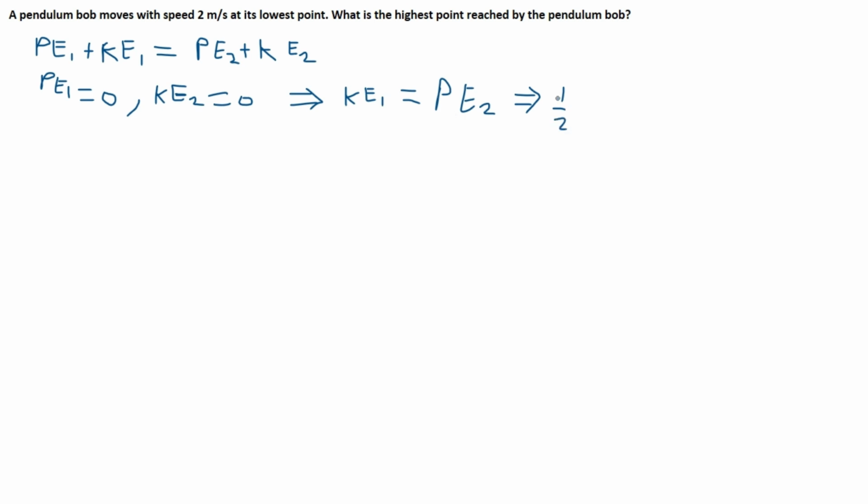This is equal to 1/2 mass times the initial velocity squared is equal to the mass times gravity times height. You might have noticed that we're not given the mass of the pendulum bob in this equation. That's because the masses here will cancel out, so we won't actually need it to solve for the height. So let us rearrange this equation to solve for the height, since that'll be at its maximum point.